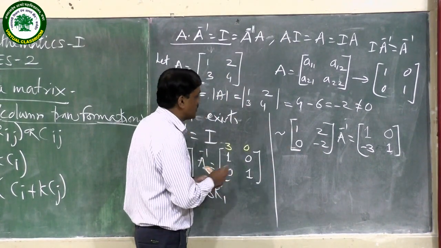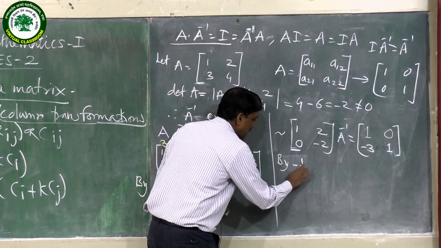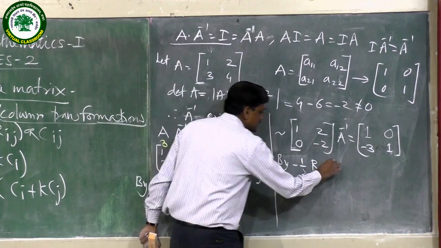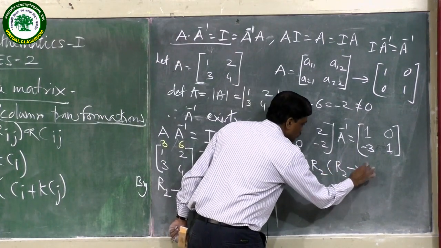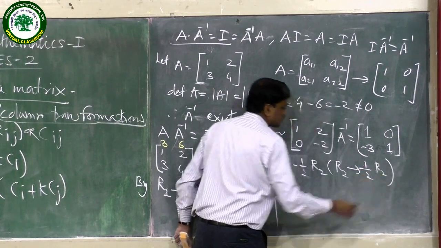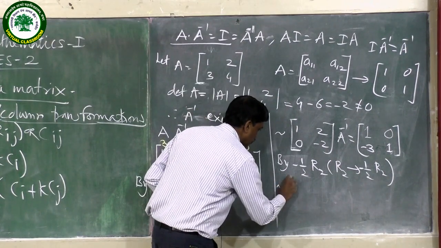It means multiply the second row by minus 1 upon 2. So what is the second transformation? R2 changes to minus 1 upon 2 into R2. See what happens here.